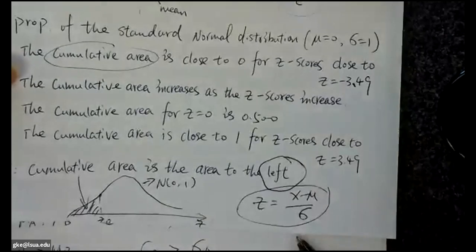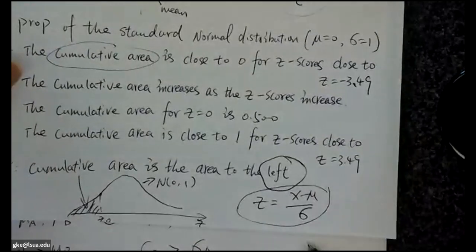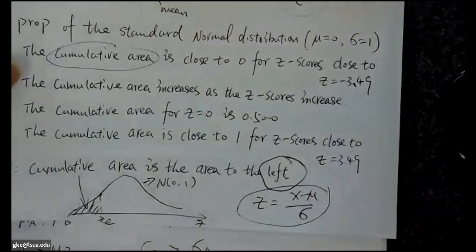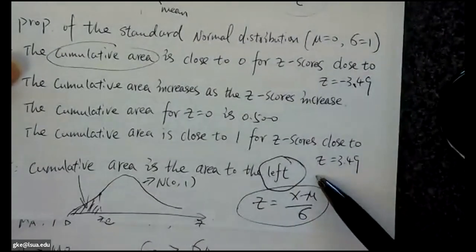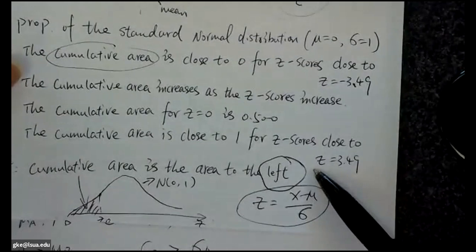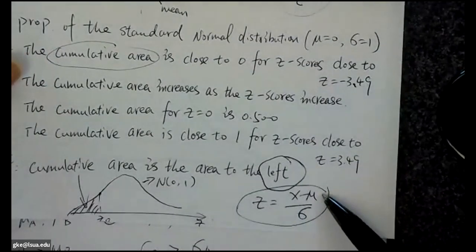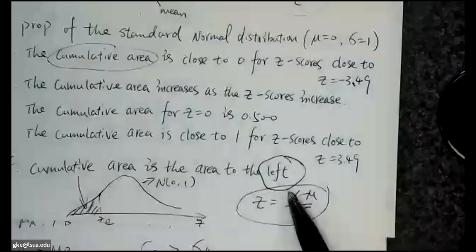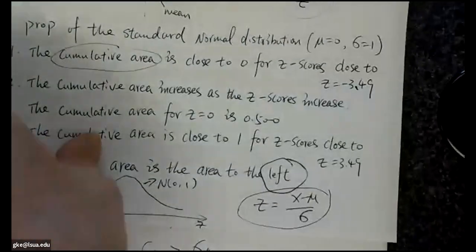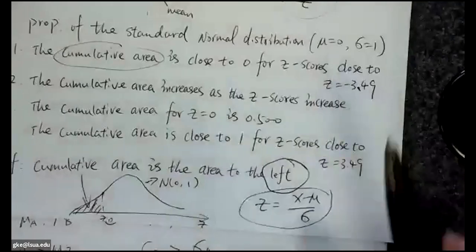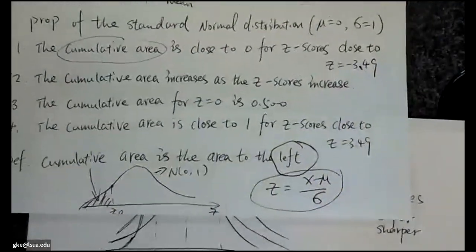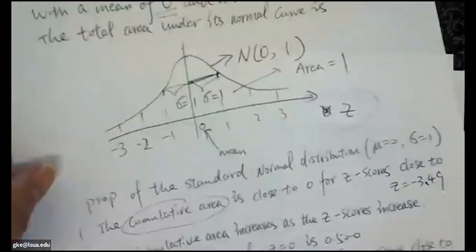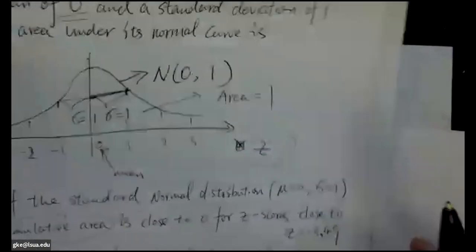Later, I'm going to show you how to do the transformation from the normal distribution to the standard normal distribution using this z-score. Now, let's take a look at the properties.